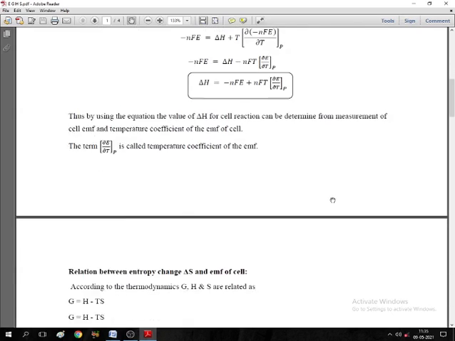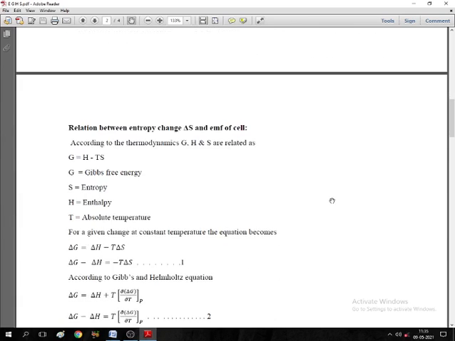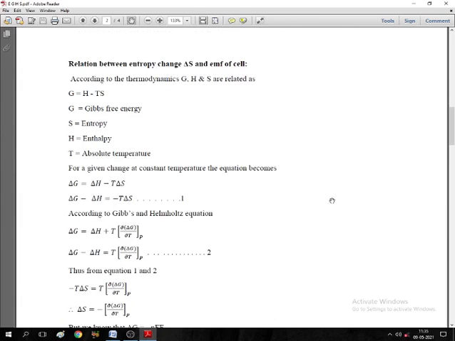Now another relation, that is the relation between entropy change, not enthalpy change, and that of the EMF of the cell. According to thermodynamics, the relation between G, H and S is given by this equation, G is equal to H minus TS. This is the definition of the free energy, where G is the Gibbs free energy, S is the entropy, H is the enthalpy, and T is the absolute temperature.